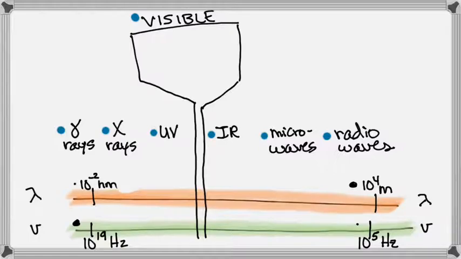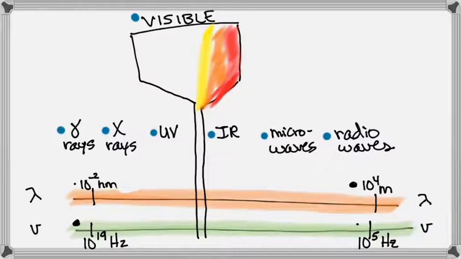Now we're going to break out our visible light. The visible spectrum, if you think of the colors of the rainbow, we've got first up our red. And next to red is going to be orange and yellow.